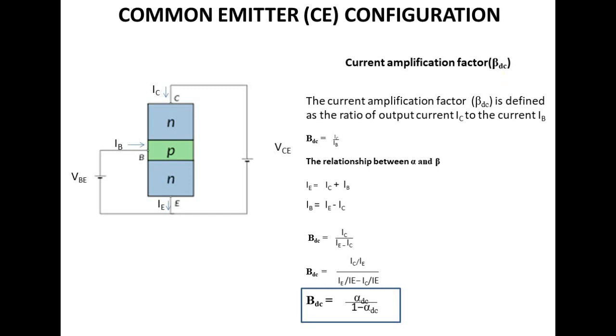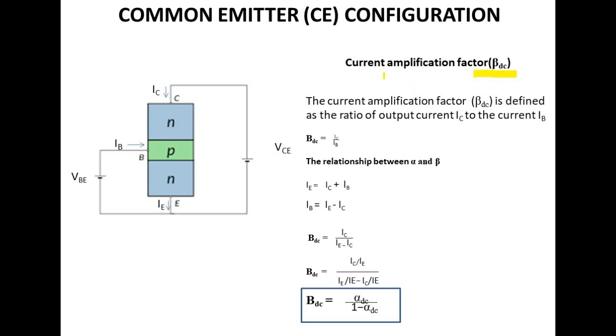So here we will get current amplification factor as beta DC, and in case of common collector we will get current amplification factor as gamma DC. So we have three types of current amplification factor: alpha, beta and gamma. Alpha notation is used for common base configuration, beta notation for the common emitter configuration, and gamma notation for the common collector configuration.